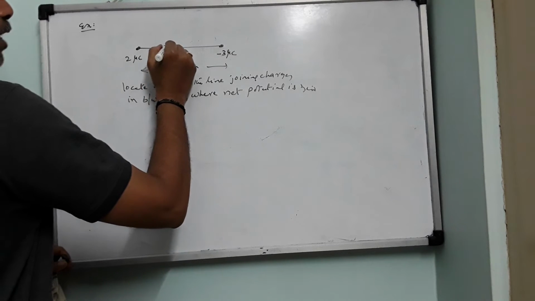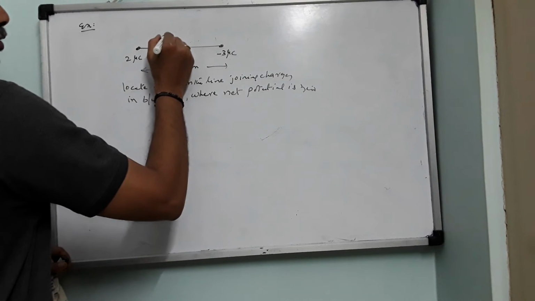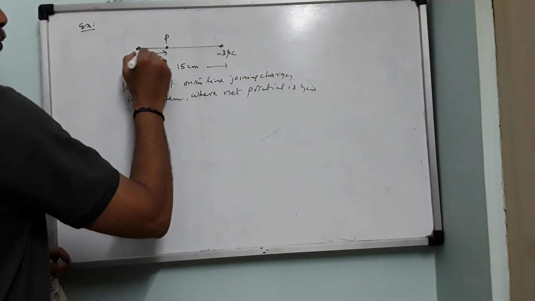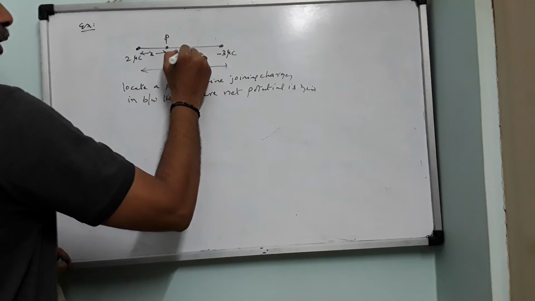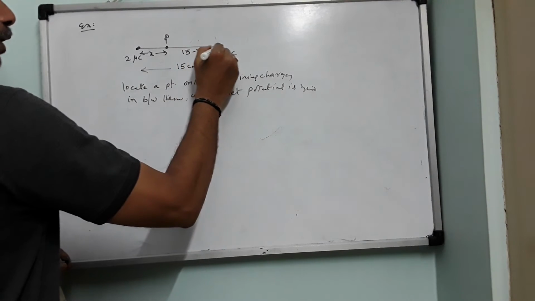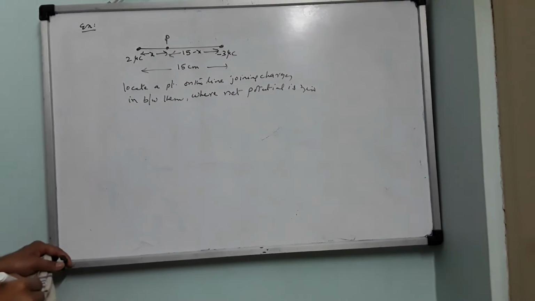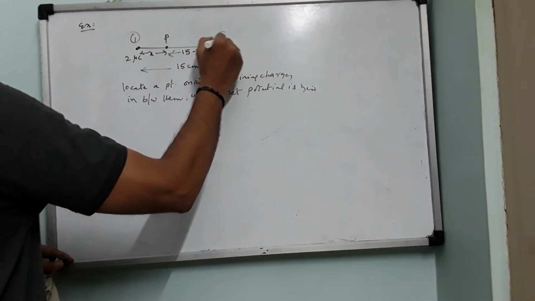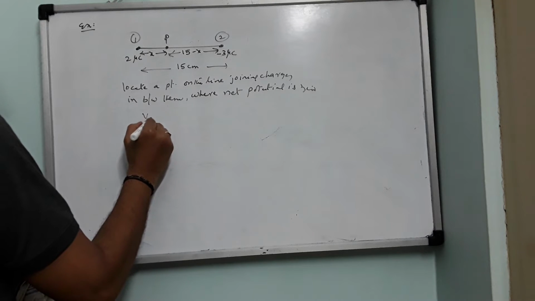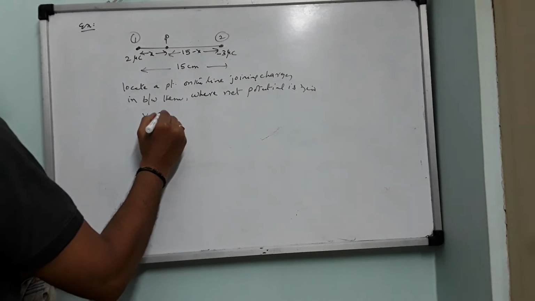So therefore, I imagine a point P here at a distance x from 2 microcoulomb. Then from minus 3 microcoulomb, the same point P is located at a distance of 15 minus x. So let me call it one charge, and this is the second charge. So net potential at P is V1 plus V2.